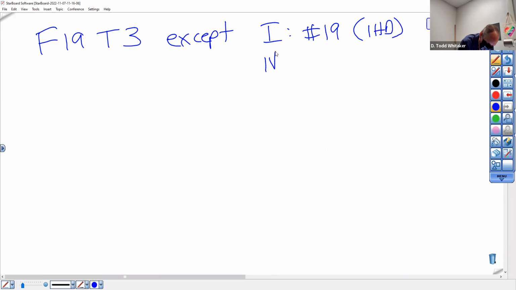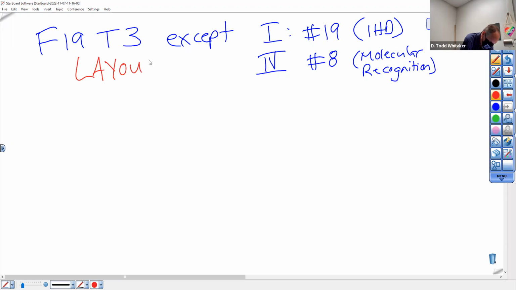And part 4, number 8. Molecular recognition doesn't exist anymore. Layout. Okay.